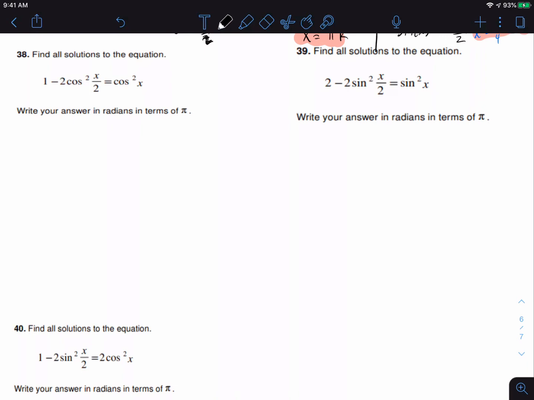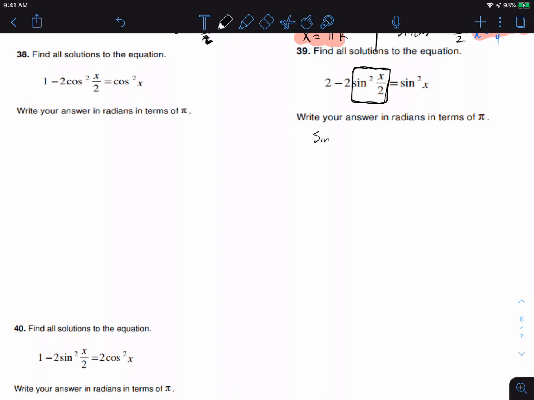So one of the important things here is to note this here is a half angle, and so we can manipulate half angles.